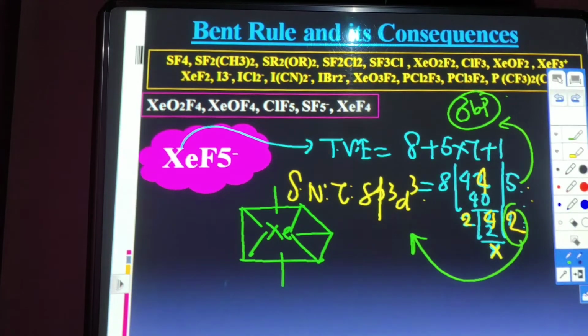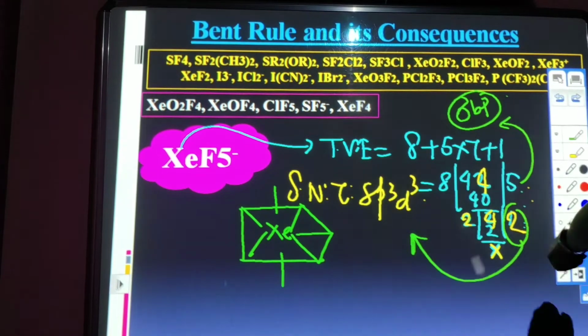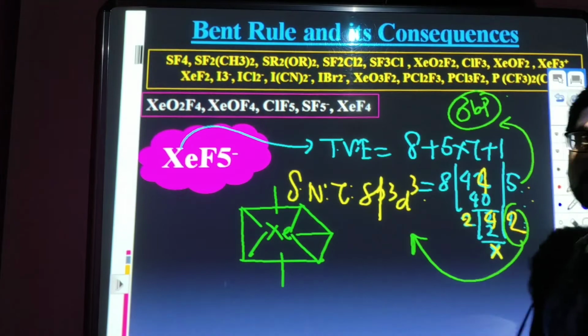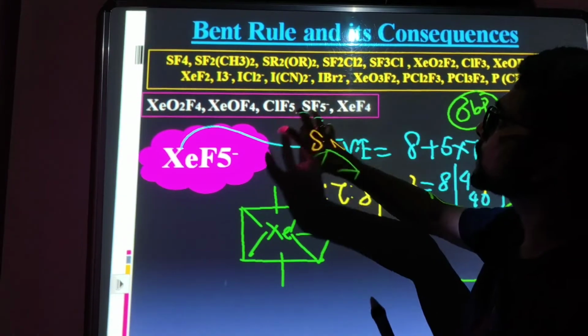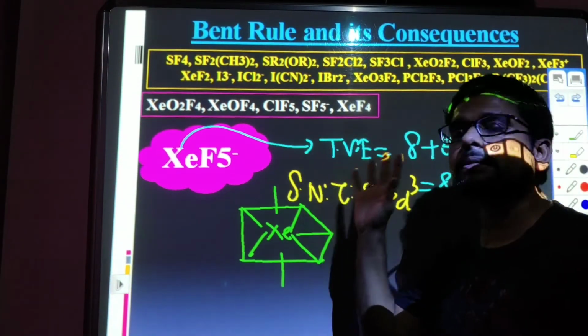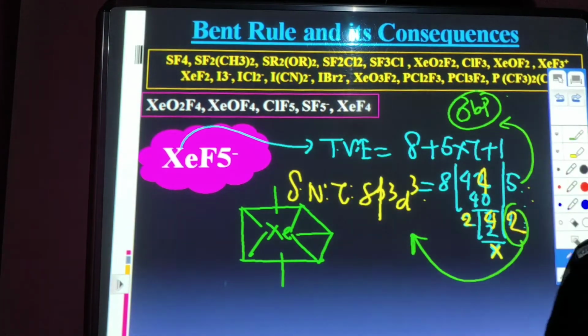This is the question. Now I am going to discuss the Bent rule. Bent rule explains this successfully, and without any problem you can put the sigma bond pairs and lone pairs, and you won't face any problem while drawing the shape of the molecule.